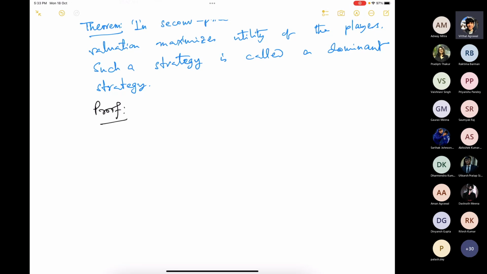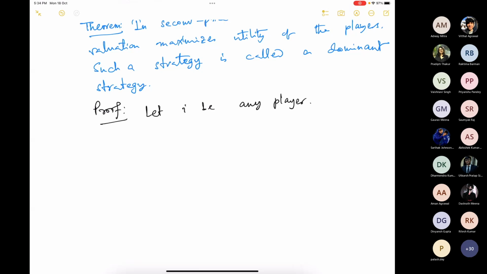So let i be any player. What I will show is that bidding his or her valuation Vi will maximize his or her utility.